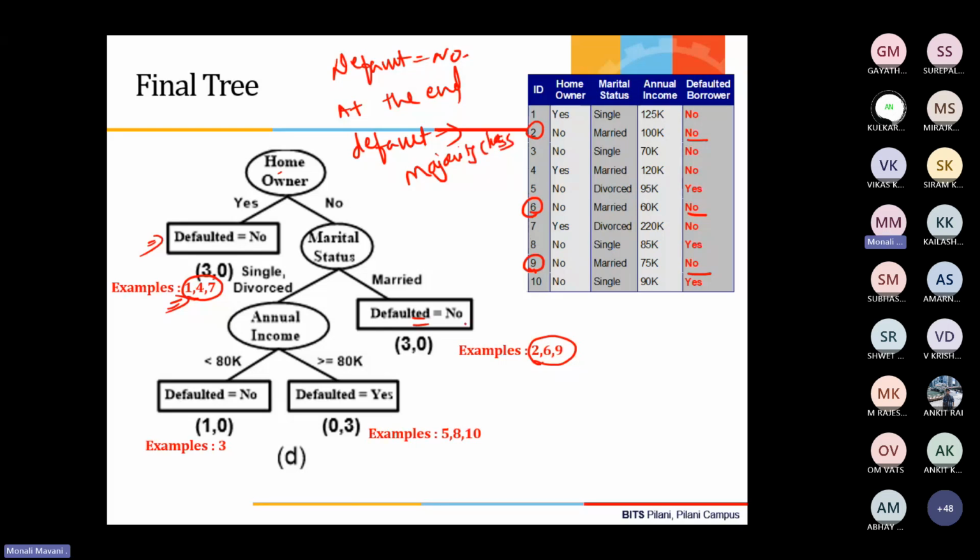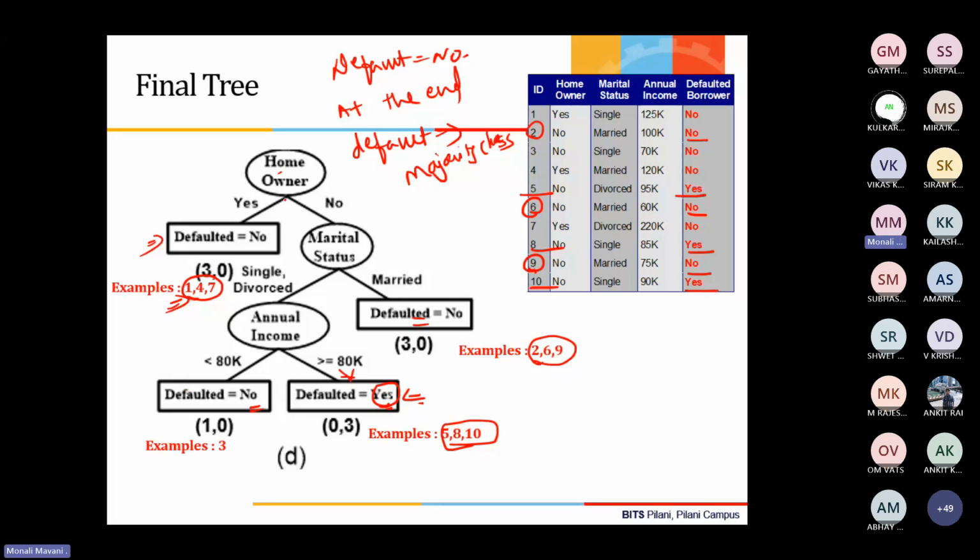So this is no. Here also no, and only here I have examples 5, 8, and 10 associated with this leaf node. 5 is yes class, 8 is also yes class, 10 is also yes class. So I've got 3 examples for yes class. Majority is yes, so the default class is yes.